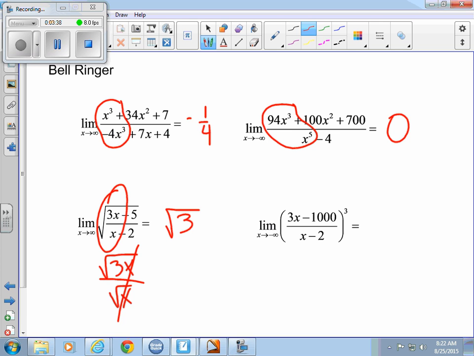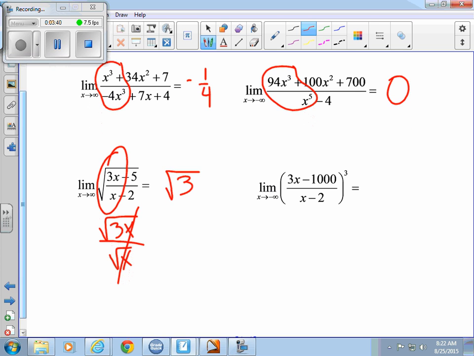Why would I need to do that? If I did play this out and cube it, wouldn't the first term be 27x cubed? I need to know that. So I do need to at least cube that first piece so that I see. These are some tricky ones that AP is trying to see if you really know what you're doing. And so as x approaches negative infinity, I would get 27.